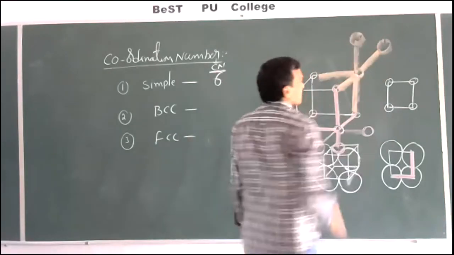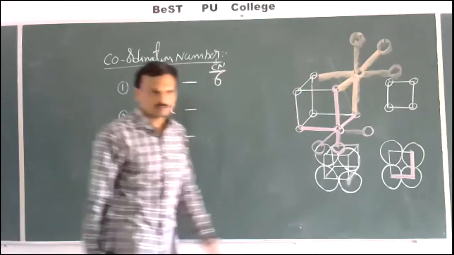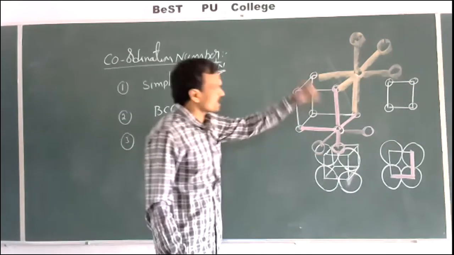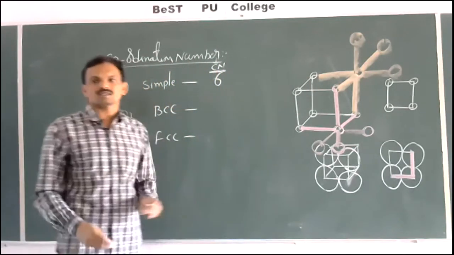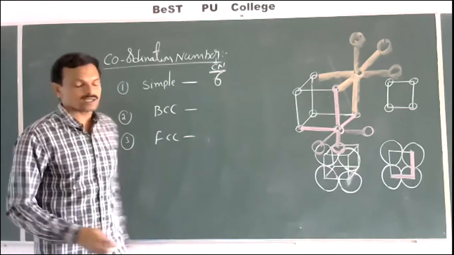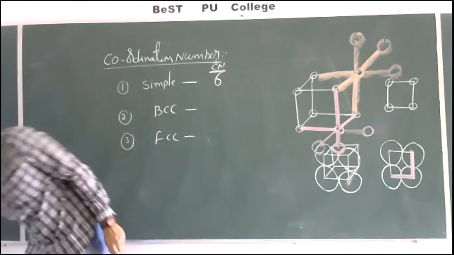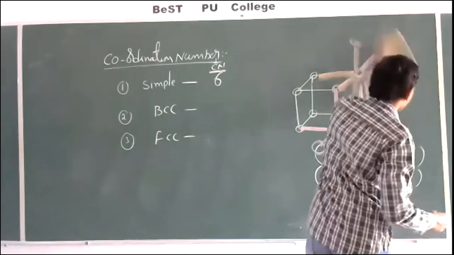On top, one particle will come. On this side, one particle will come. Like that, if you select any particle, each and every particle is in contact with 6 other particles. So its coordination number is 6. In one more way, I will show the same diagrams here now. One more diagram I will draw.